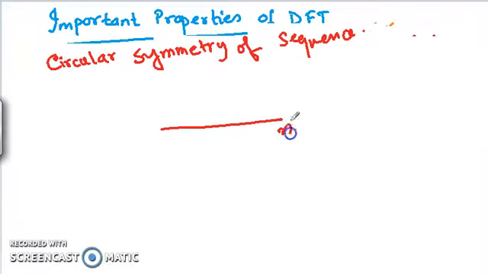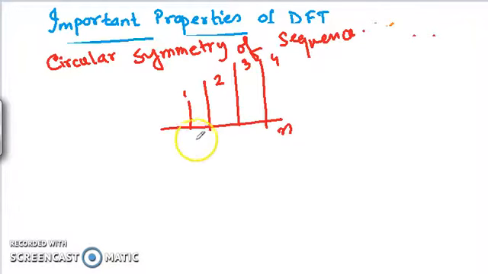This is n, and the values are 1, 2, 3, and 4, at positions 0, 1, 2, and 3. This is a sequence. Now we know how to shift a sequence.